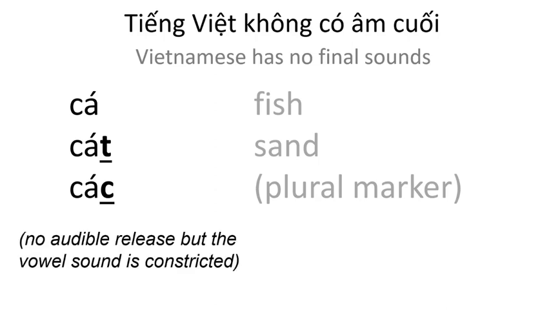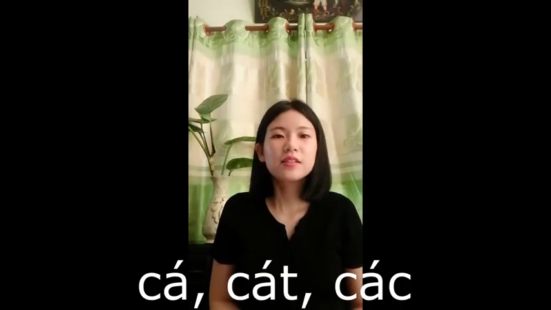There is no audible release because there's no actual final sound, but the vowel sound is constructed in some way, and so each syllable has a different quality and are discernible from one another.